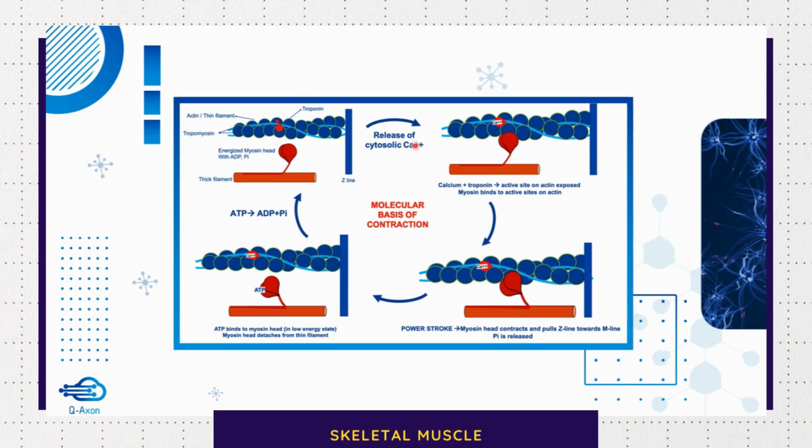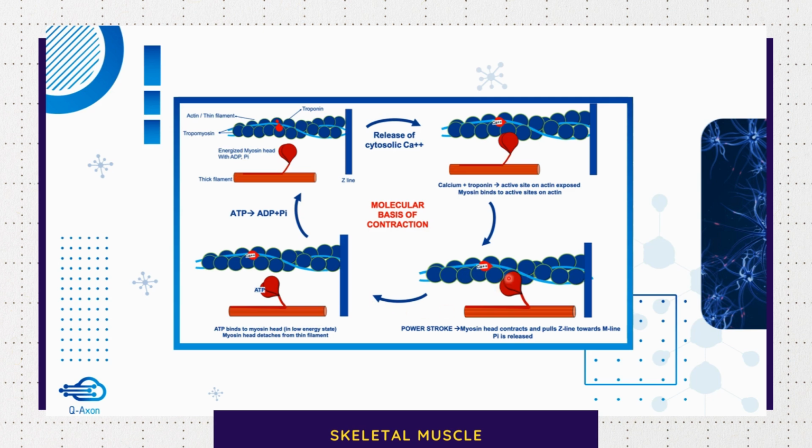Now, once calcium is made available, you can see that this cross bridge is now bound to the actin. Now, in the third step, you can see that the cross bridge has moved in an arc-like fashion, and therefore actin has slid over myosin. This is the power stroke. In this process, energy is utilized and the ADP and Pi are released.